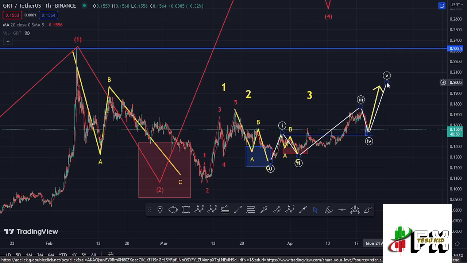So that is what I'm expecting here on the short-term scenarios here on the GRT chart, and let's be patient and see how that plays out, and I'll be keeping you updated.